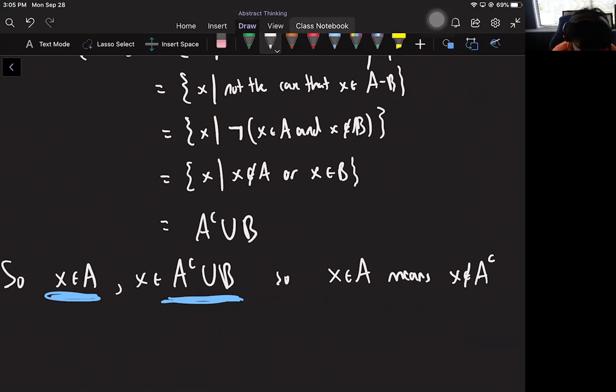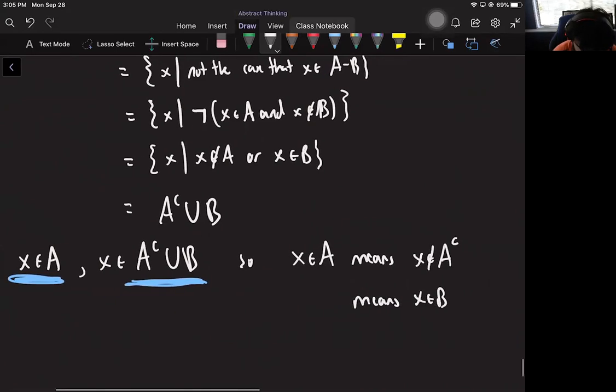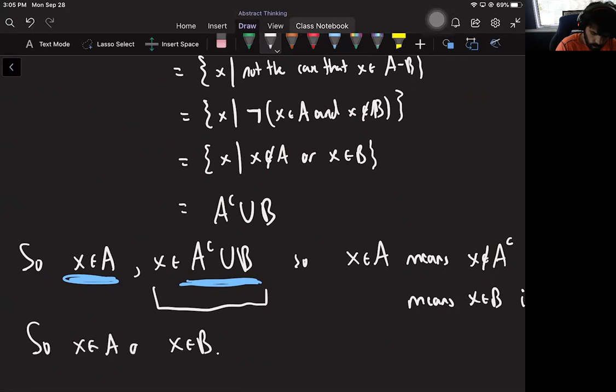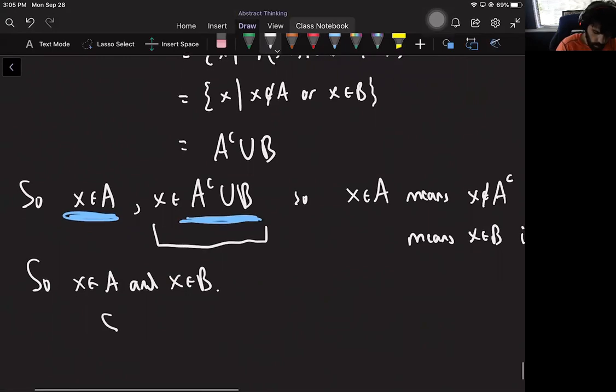And if it's in a union and it's not in one, that means it better be in the other. So what this is really saying is that X is in B. So now finally we know that X is in A and X is in B. So we're done with the proof.